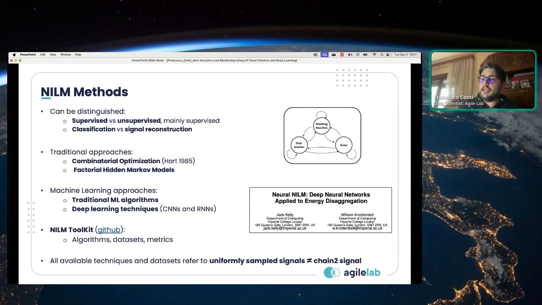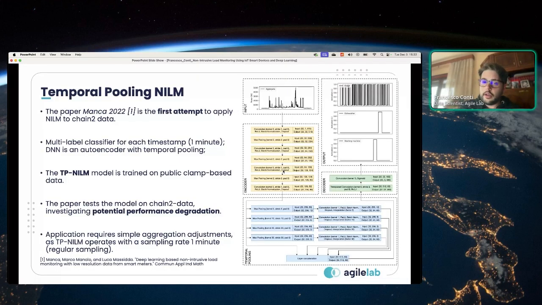Okay, but the main limitation of these techniques is that they rely on regularly sampled data, which we have seen is different from the real data that we receive from our energy meter. So we started investigating studies on this, but the only attempt to apply NILM to meter data has been done by Manca, an Italian group.